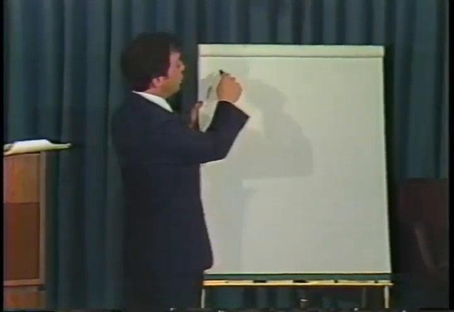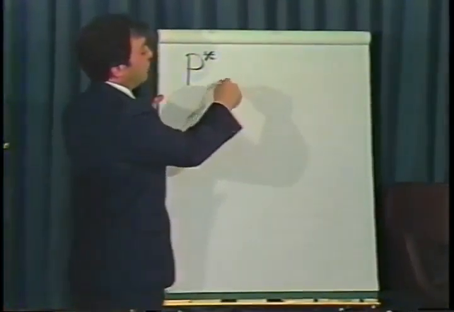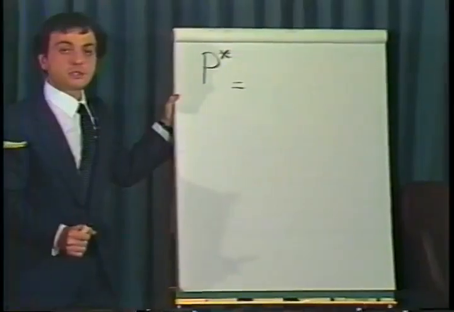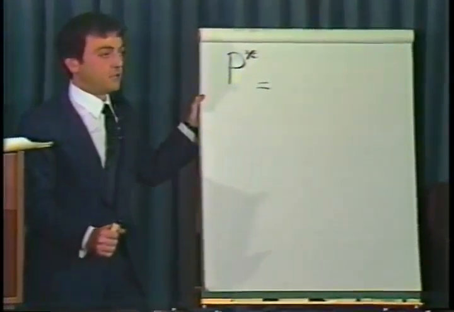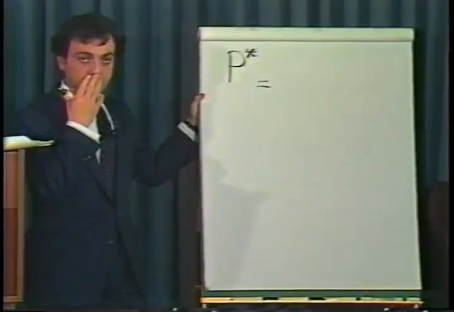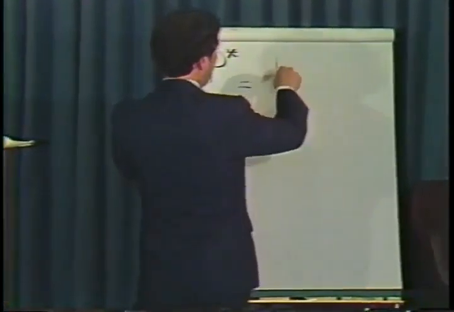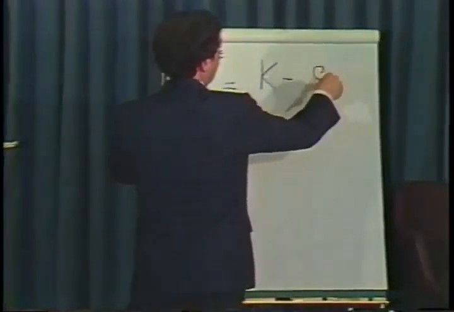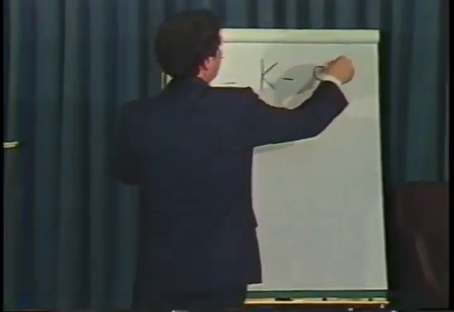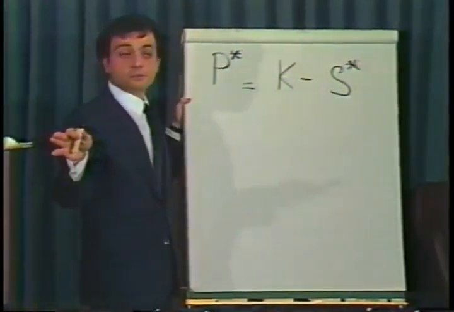Okay, so in a deterministic world, at time to maturity, what will the put price look like? What will be the intrinsic value of the put option? K minus S star. Right? And is everybody comfortable with that?